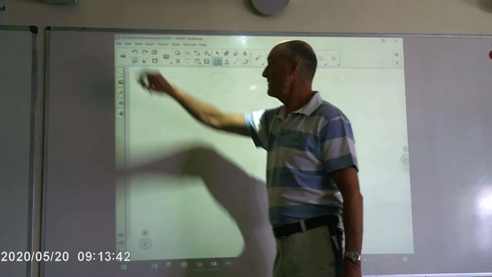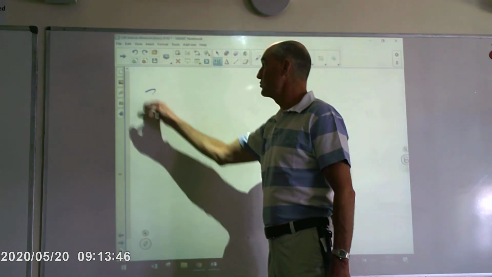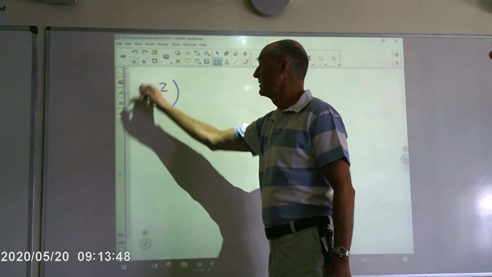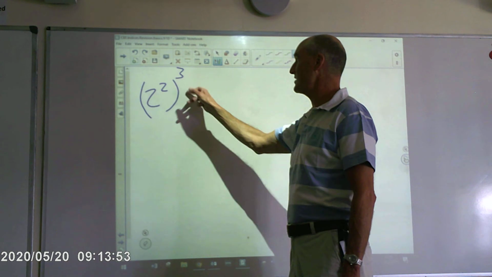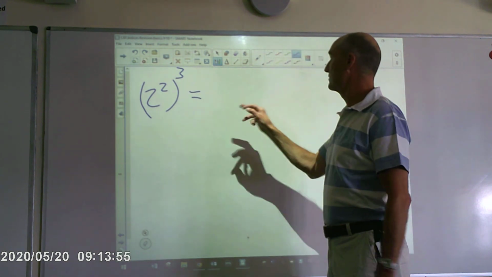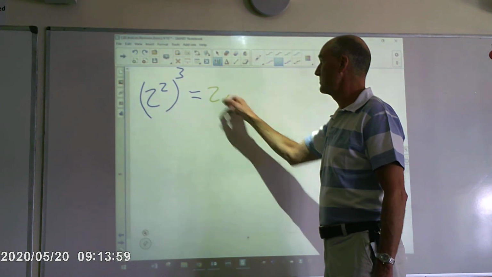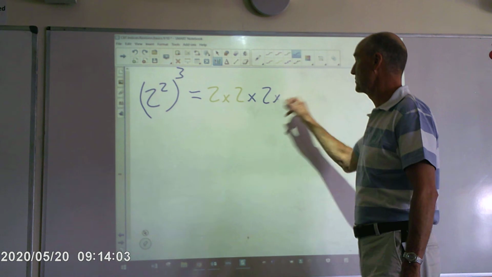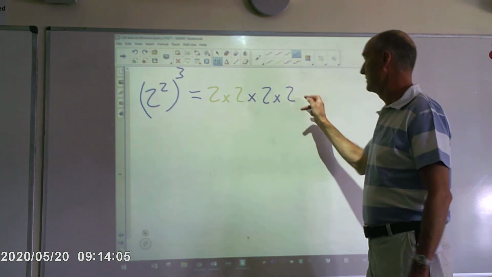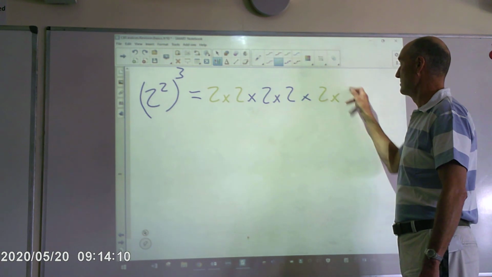Something a little bit different. If you have 2 squared, and then you cube that, so you've cubed 2 squared. What does that mean? It means you've got one lot of 2 squared, 2 times 2, multiplied by a second lot, 2 by 2, multiplied by a third lot of 2 by 2.